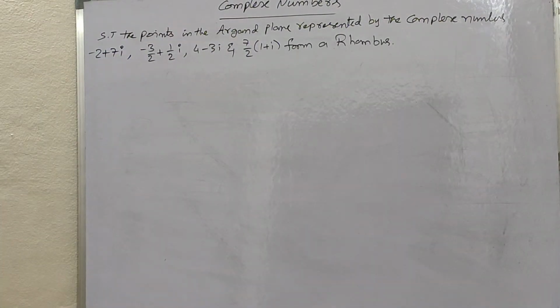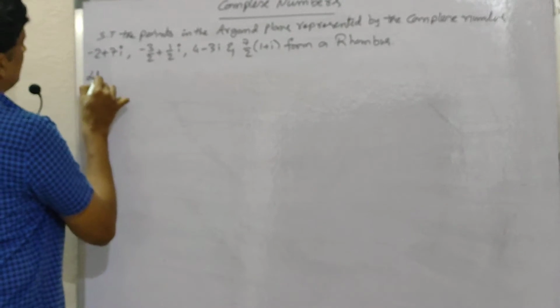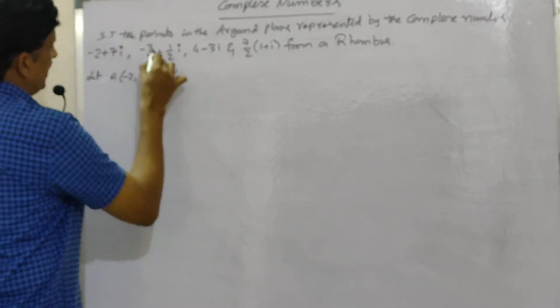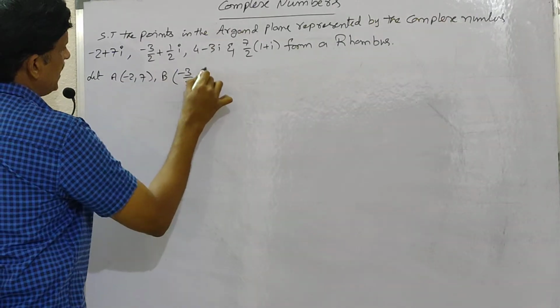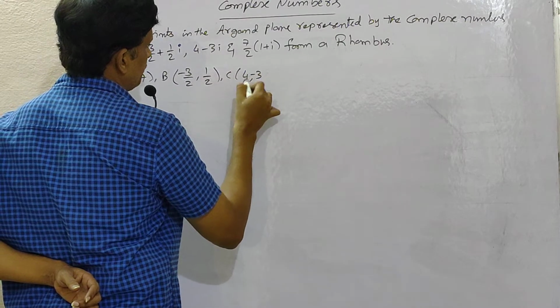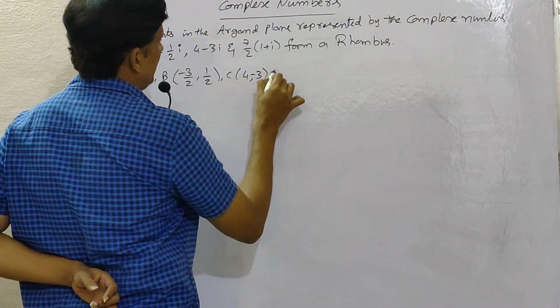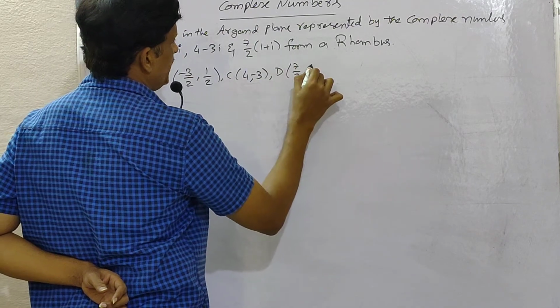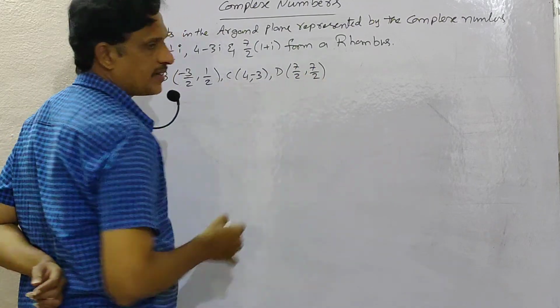And now let A be (-2, 7), B real part is -3/2, imaginary part is 1/2, and C is (4, -3). D is 7/2 into (1 plus i), so real part 7/2, and imaginary part is also 7/2.